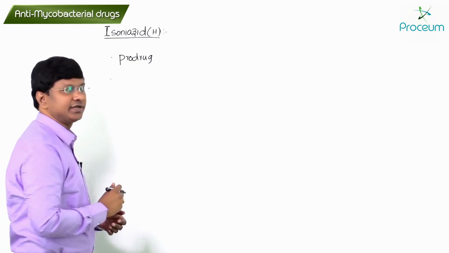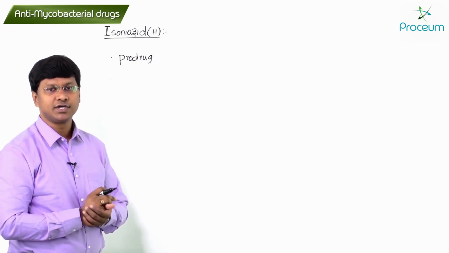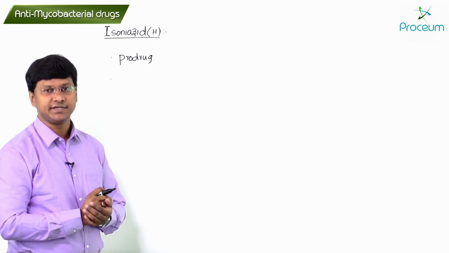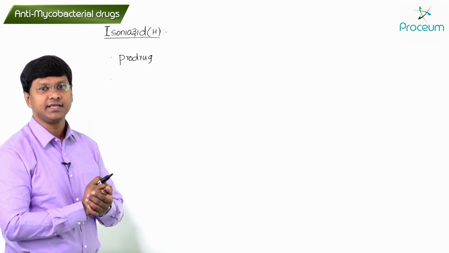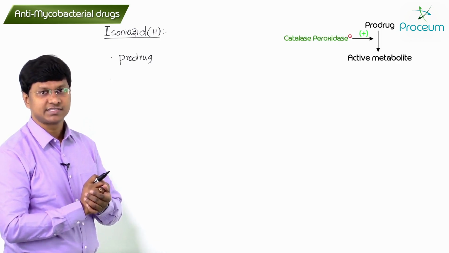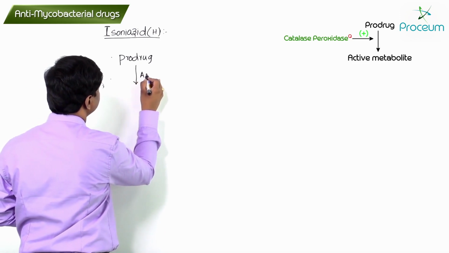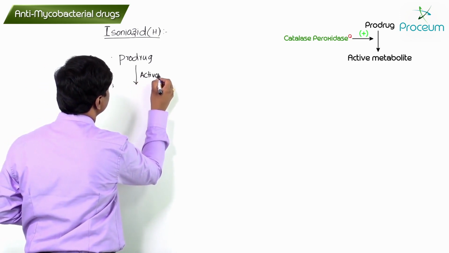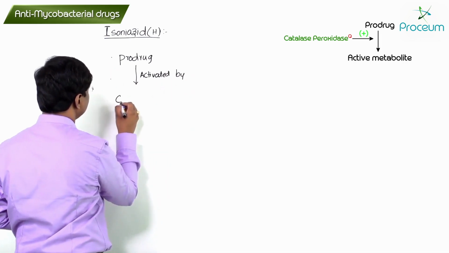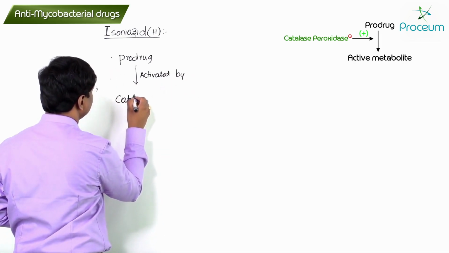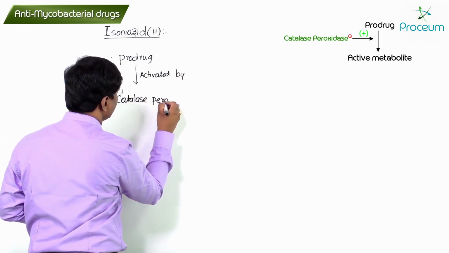Because it is a prodrug, it needs to be activated, and isoniazid is activated by catalase-peroxidase.